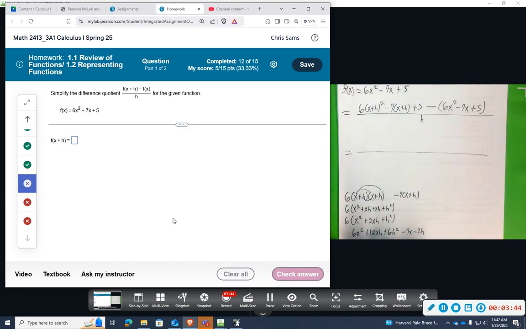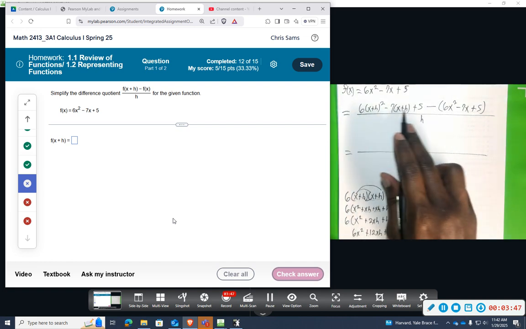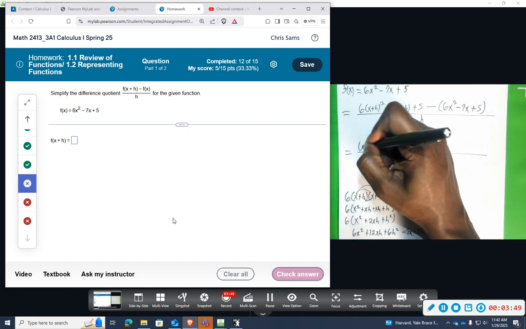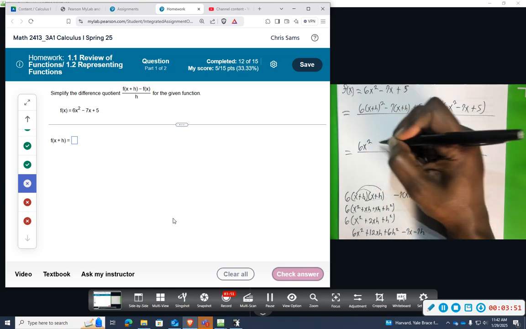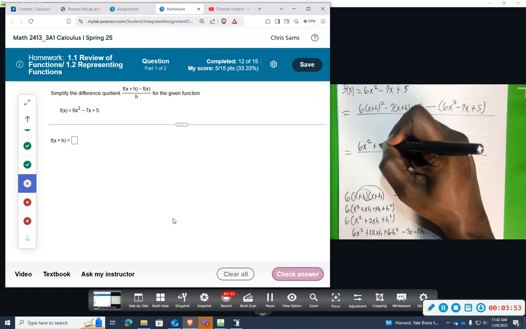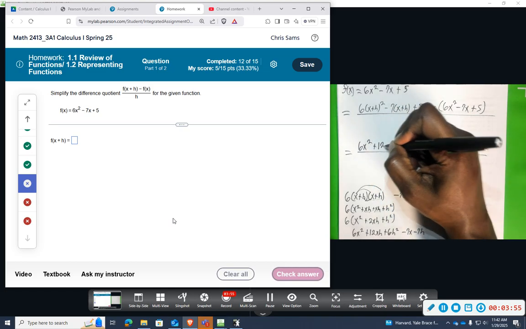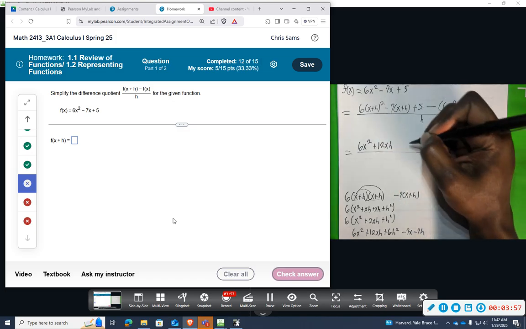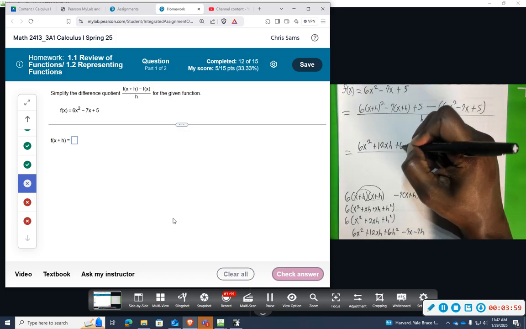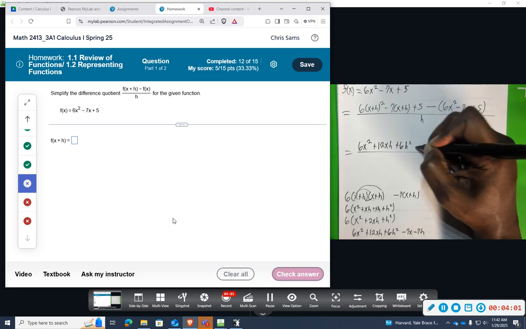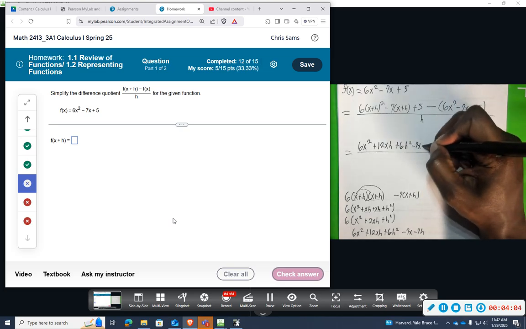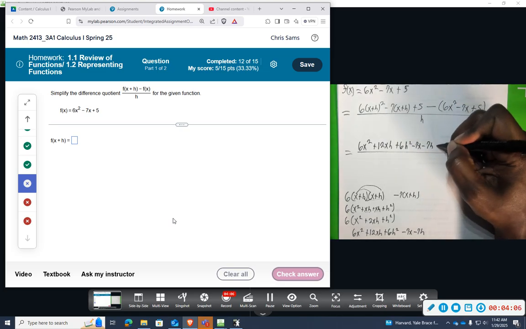And then we got the plus 5. So I'm going to add all of this in the position of here. So we got 6x squared plus 12xh plus 6h squared minus 7x minus 7h plus 5.